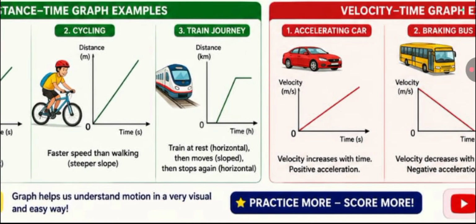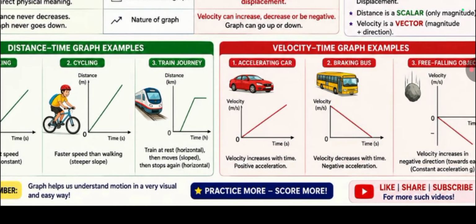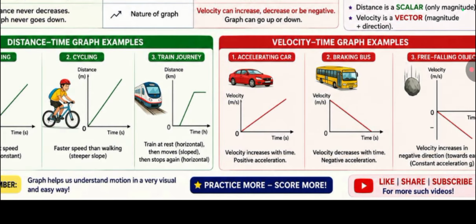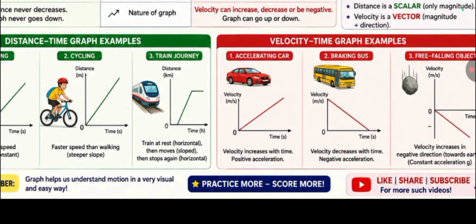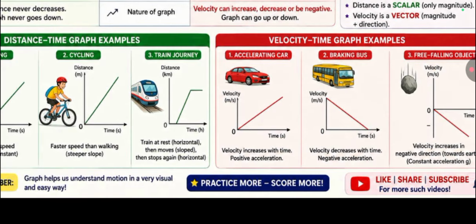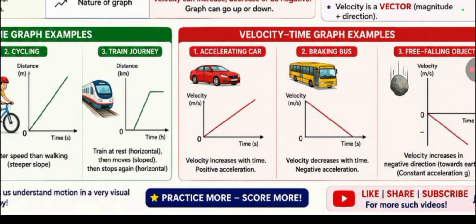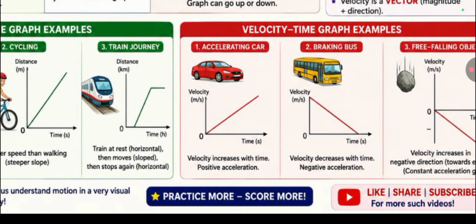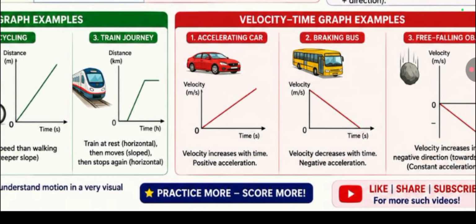Now some more examples of velocity time graphs are given here. A car is moving with velocity increasing with time, that is called positive acceleration. It also indicates a straight line. And a bus whose velocity decreases with time, that is called negative acceleration.